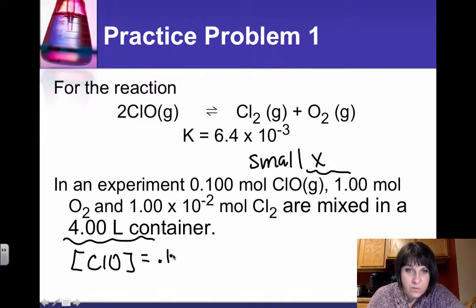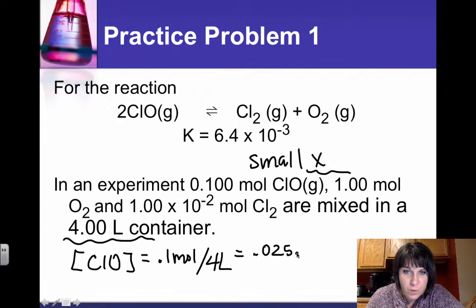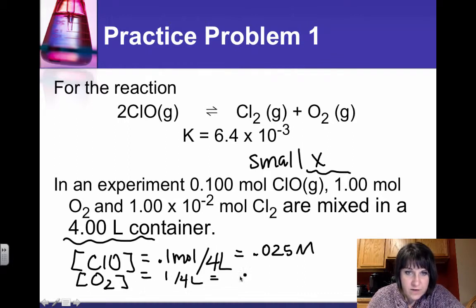If I have 0.1 moles in a 4-liter container, then that gives me a 0.025 molar concentration of chlorine monoxide. The concentration of oxygen is easier to calculate. 1 mole in a 4-liter container gives us 0.25 molar.